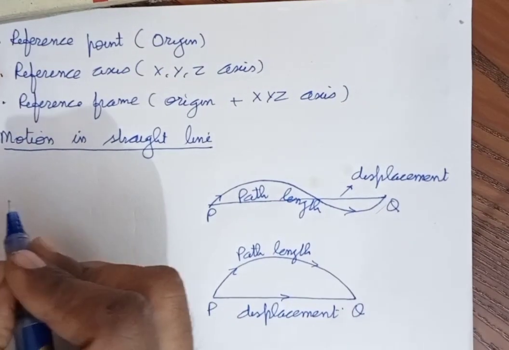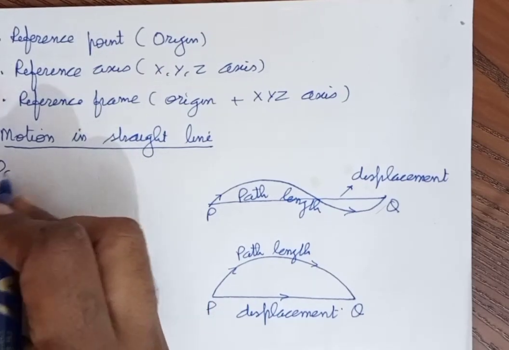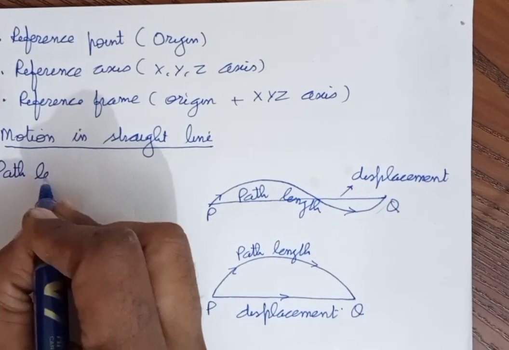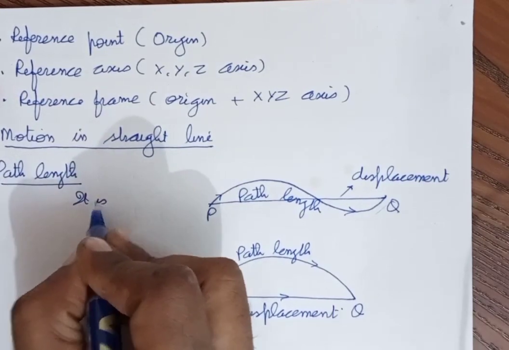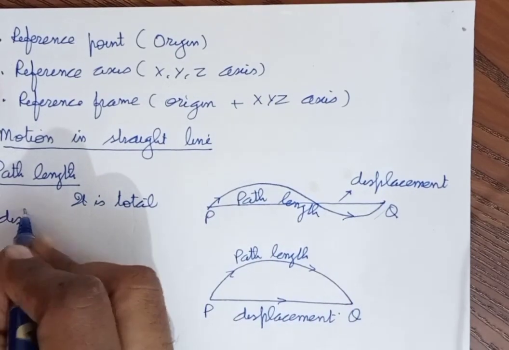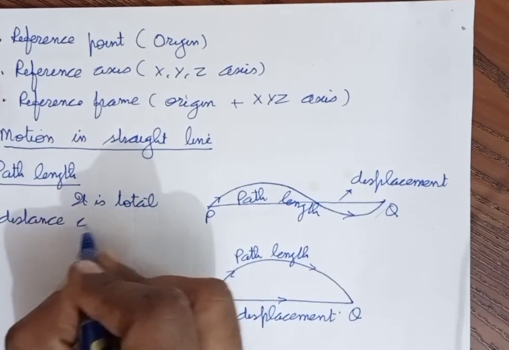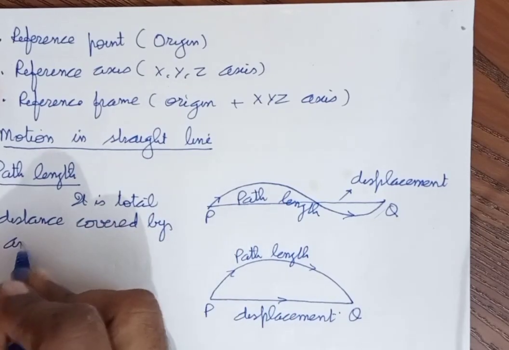So there are two things needed to be learnt. One is path length. Path length is the total distance covered by an object.